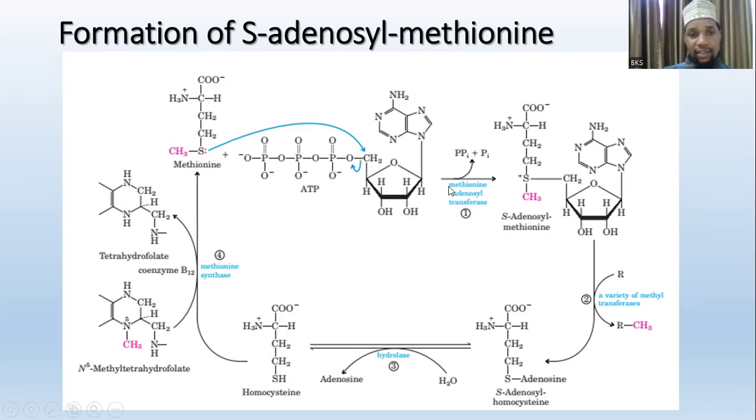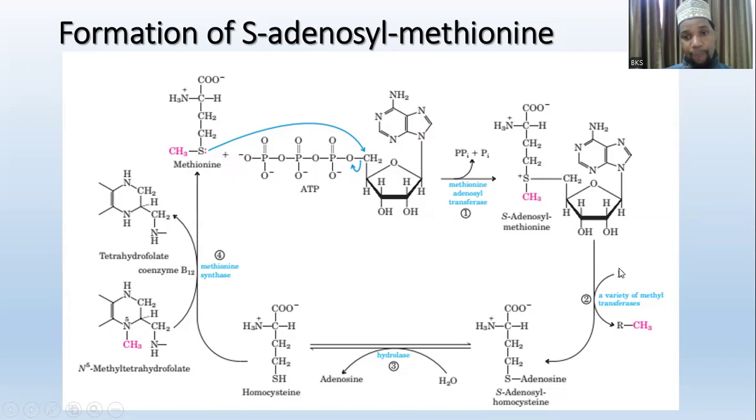Now you can see this methyl group of methionine can easily be removed. So any reaction involving S-adenosyl methionine indicates methylation reactions, meaning the transfer of one carbon in the form of a methyl carbon. This methyl group is attached to whatever it is involved with.